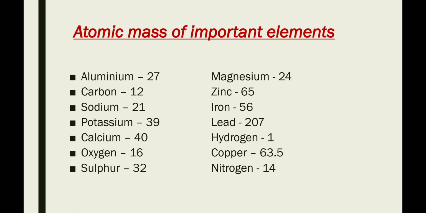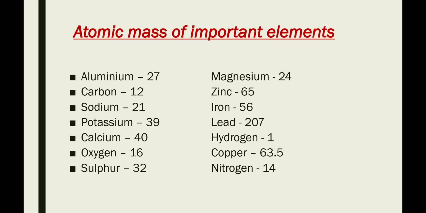Here are the elements with their atomic mass. These are very important elements because whenever you solve a sum related to percentage composition, you will definitely come across these elements.